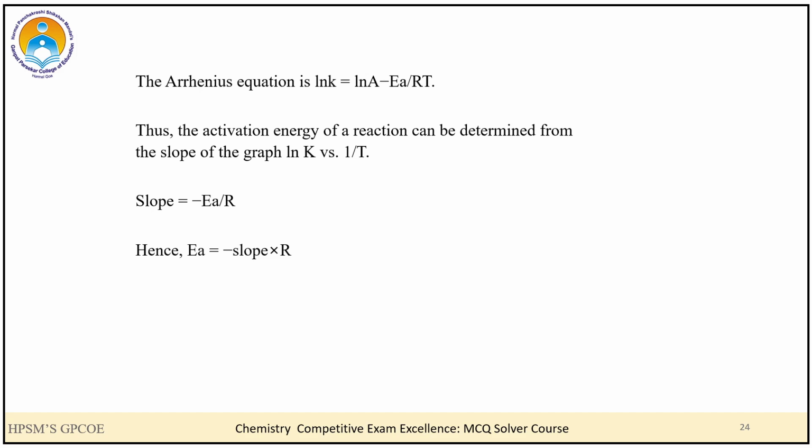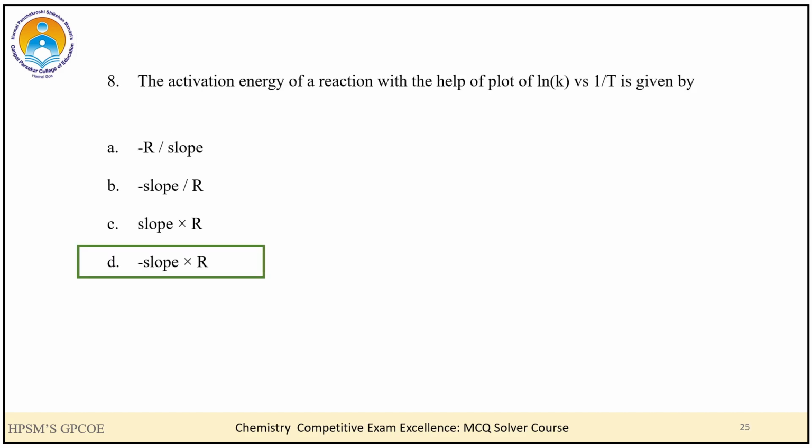Thus, the activation energy of a reaction can be determined from the slope of the graph ln K versus 1 by T. Here, the slope is equal to minus EA divided by R, and hence activation energy EA is given as minus slope multiplied by R. Option D, that is minus slope multiplied by R, is the correct option for this question.